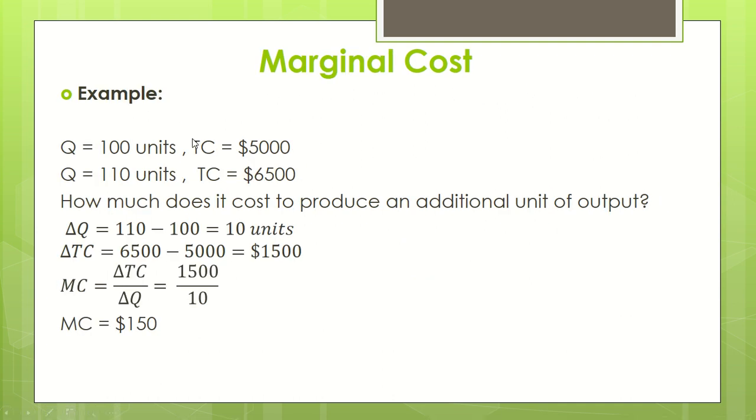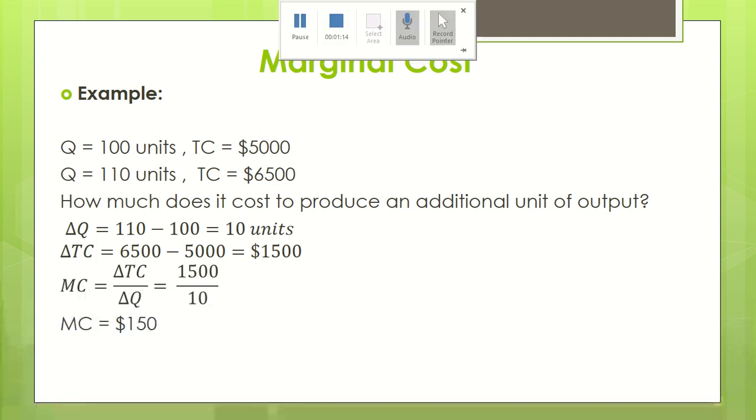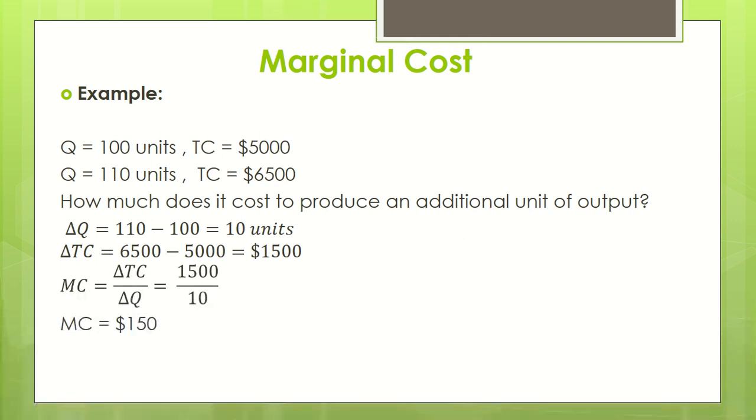So there is an example of calculating the marginal cost. Here, if the firm is producing 100 units of output, that means Q is equal to 100 units, and the total cost is $5,000.